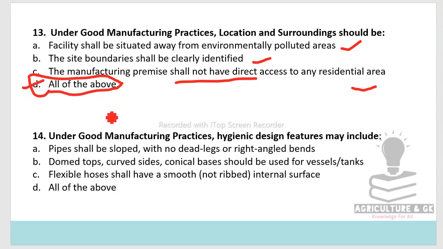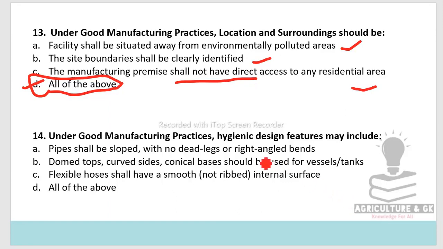Now moving next. Under good manufacturing practices, hygienic design features may include: pipes shall be sloped with no dead legs, right angle bends; dome tops, curved sides, conical bases should be used for vessels or tanks; flexible hoses shall have a smooth, not ribbed internal surface; or all of the above.